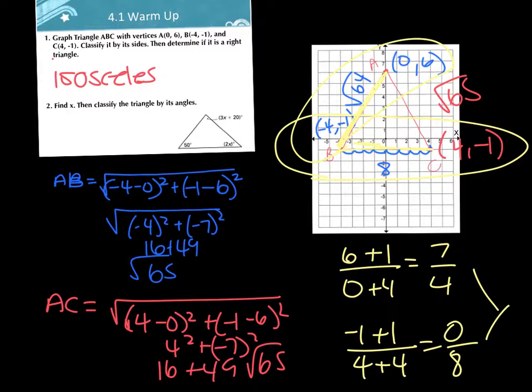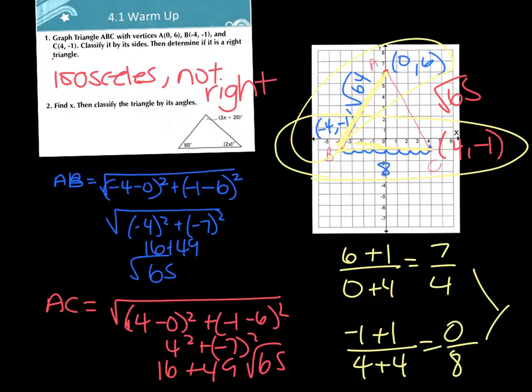So these are clearly not opposite reciprocals, which tells you those lines would not be perpendicular. Again, from the diagram you can pretty much rule out that it's a right triangle. But if you didn't have a diagram or you wanted to prove it, you would have to find the slope of at least two sides and show that they would or would not be opposite reciprocals of each other.